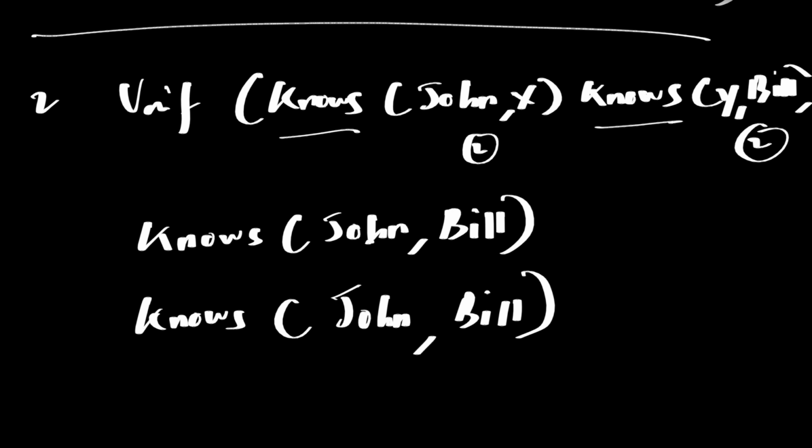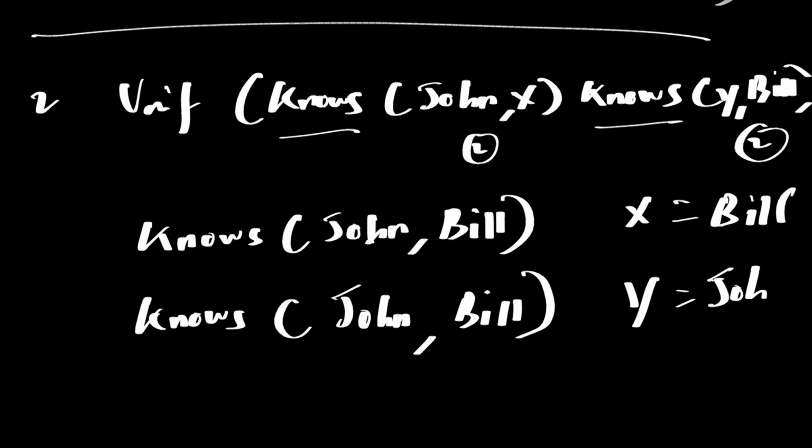John knows Bill, and John knows Bill, right? So in the first logical statement, the X is replaced by Bill. In the second logical statement, Y is replaced by John. So this is a simple way to do the unification process, right? So this is the representation of unification, right?